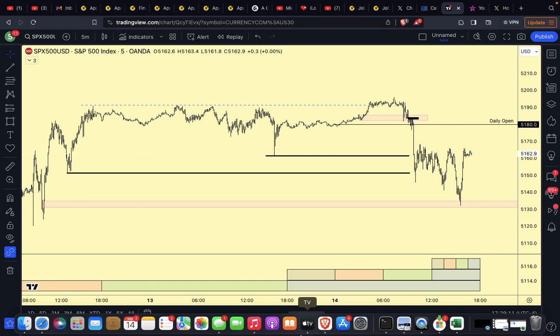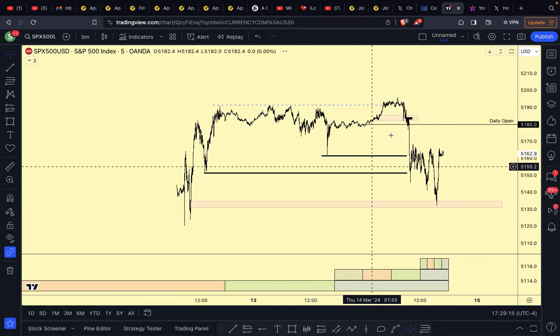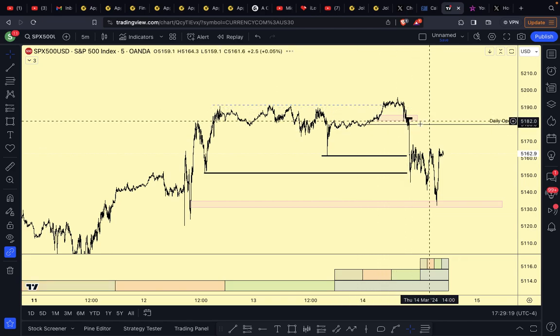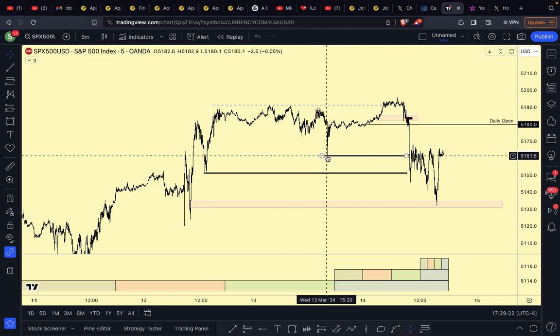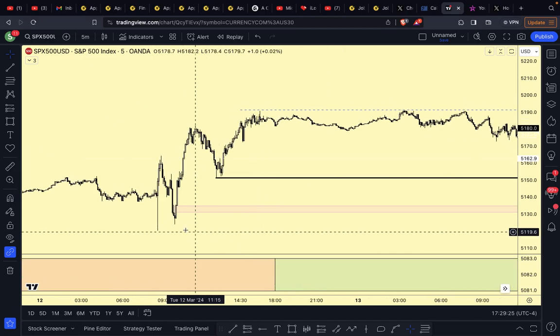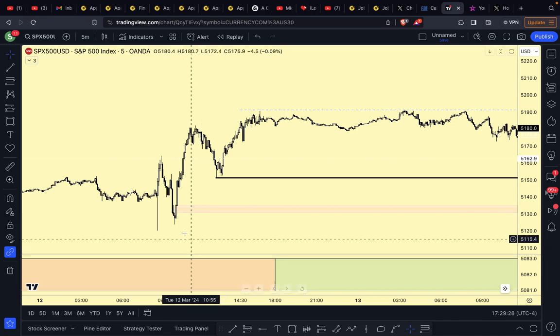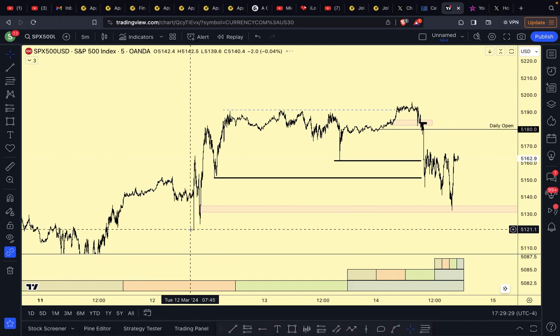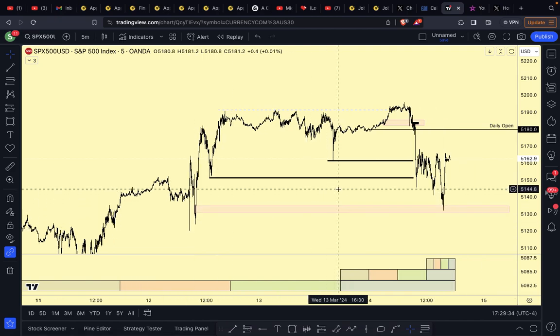Prior video, sell off, order block after purging liquidity above daily open, attack the liquidity there, and then I was anticipating price trading back into that fair value gap over there, and that is indeed what we saw.